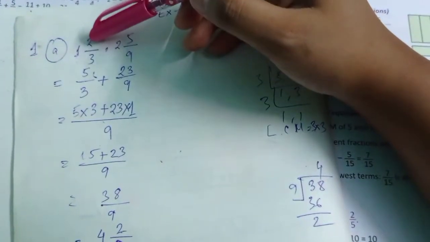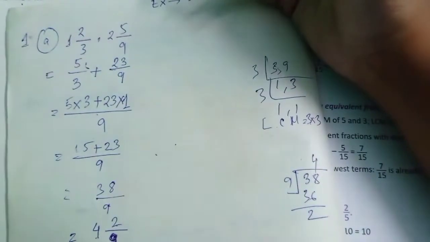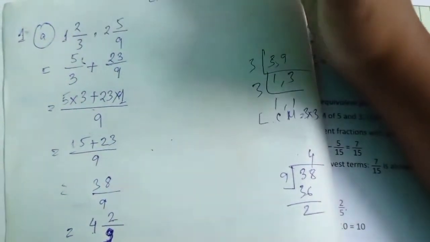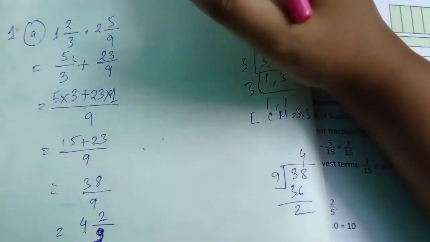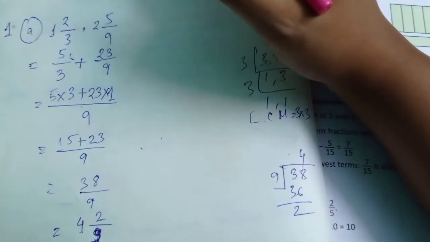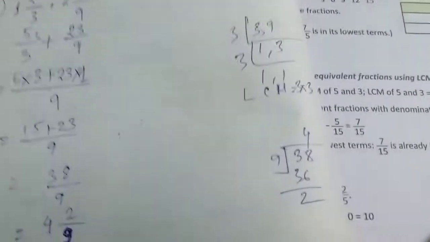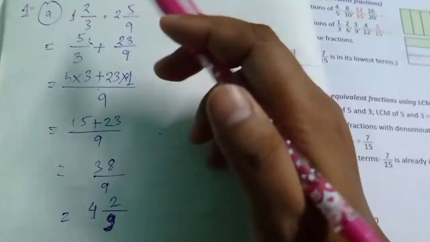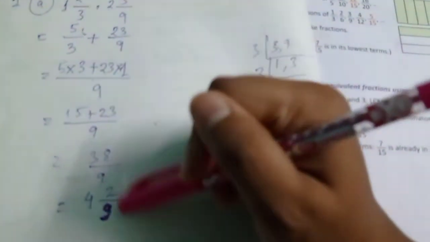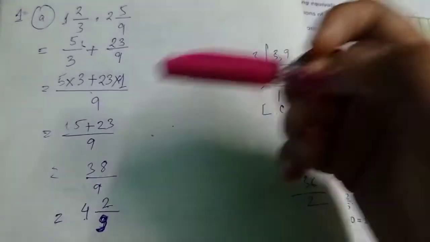It's a mixed number. Mixed numbers and improper fractions are always related. Improper fractions can be converted into mixed numbers, and mixed numbers are converted into improper fractions, and by that way you can get an unlike fraction, and then you make it how you used to do it. So I am using this way.